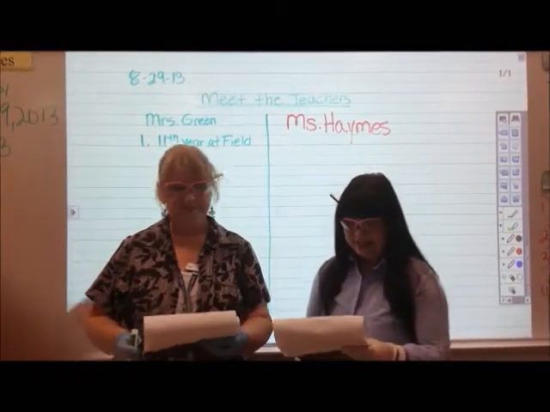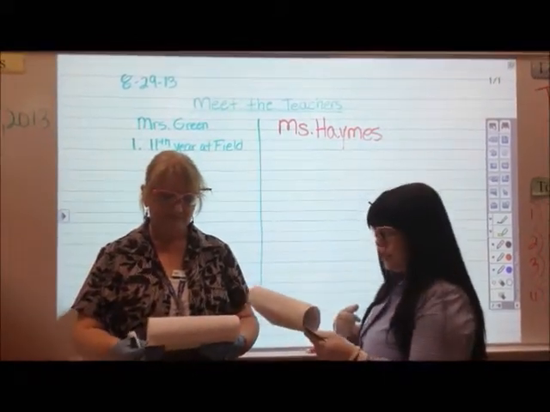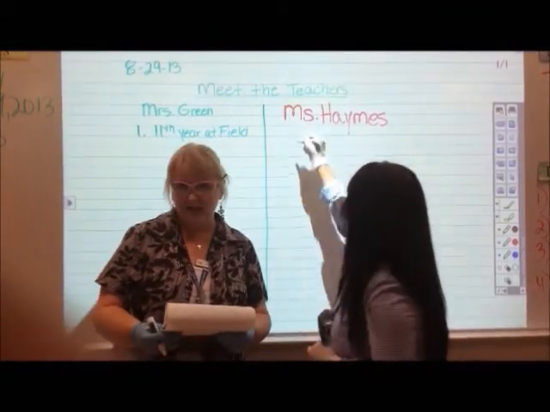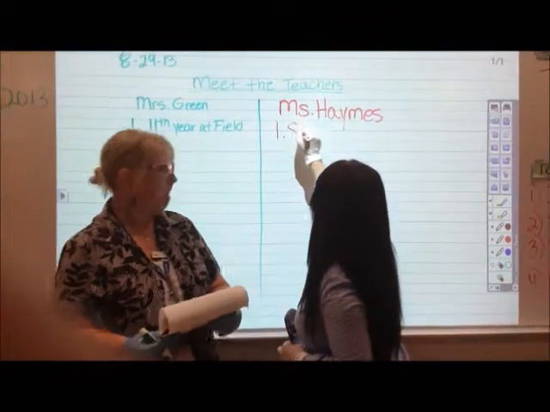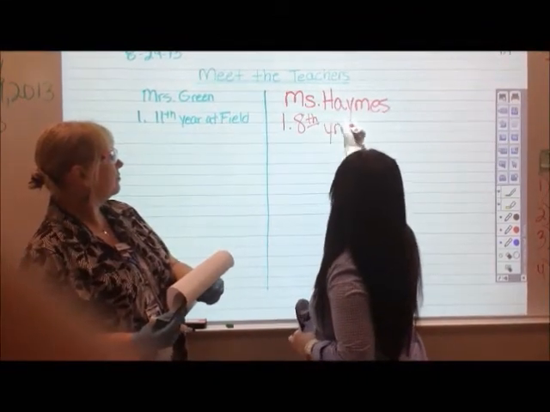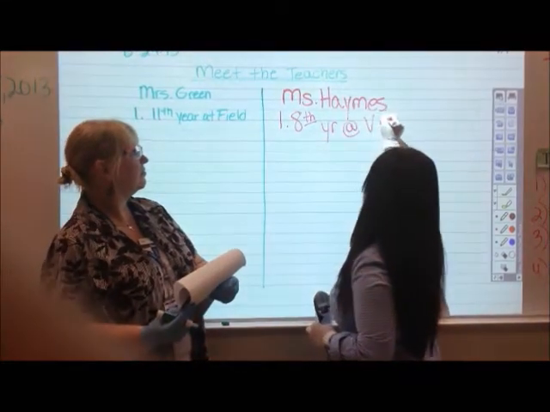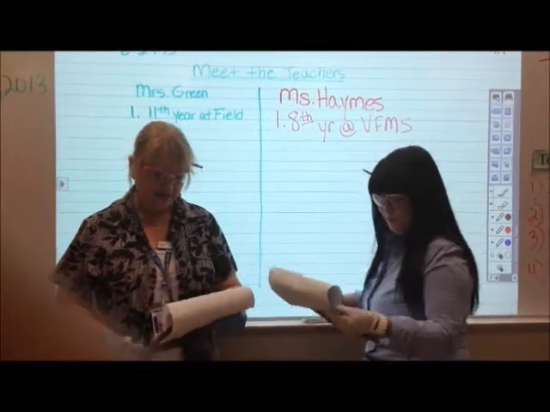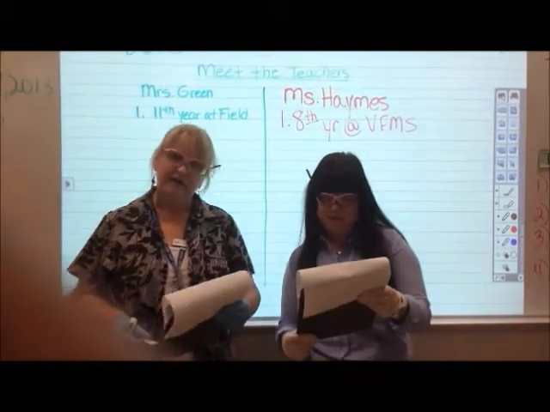Very nice. Miss Haynes, how many years have you been teaching here at Vivian Field Middle School? Well, I'm starting my 8th year here at Vivian Field. So I'm going to write 8th year at, and I'm going to abbreviate VFMS. That's great. All right, next question.